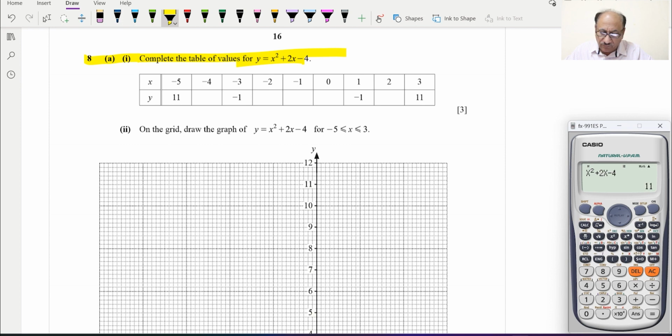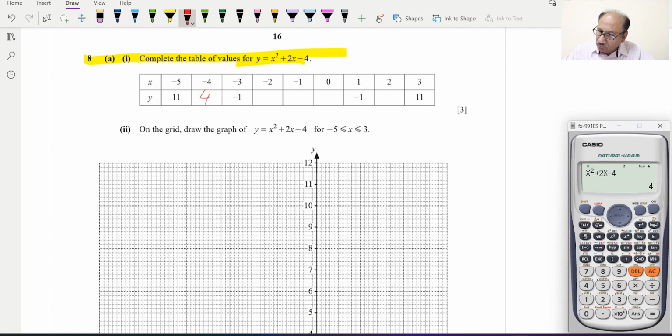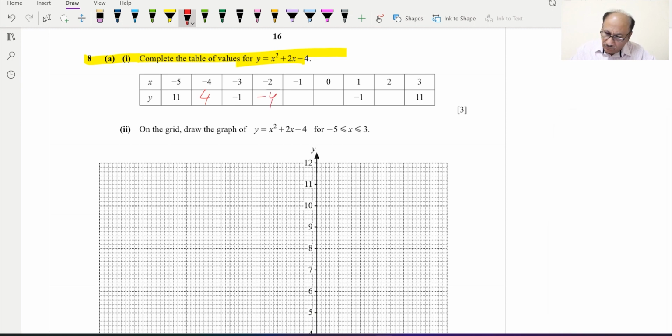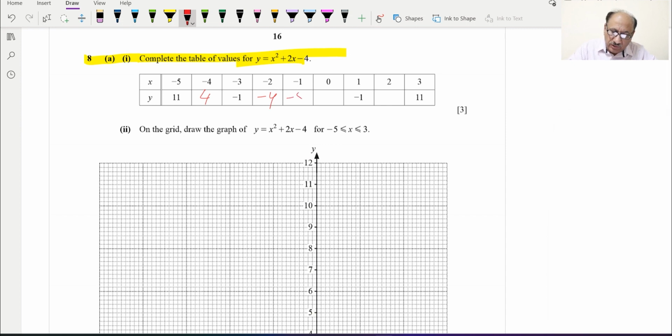Nice. So we can check for minus 4. Calculate for minus 4, and the answer is 4, so we can write the answer here as 4. Now we can calculate for minus 2, which is minus 4, and for minus 1, which is minus 5.